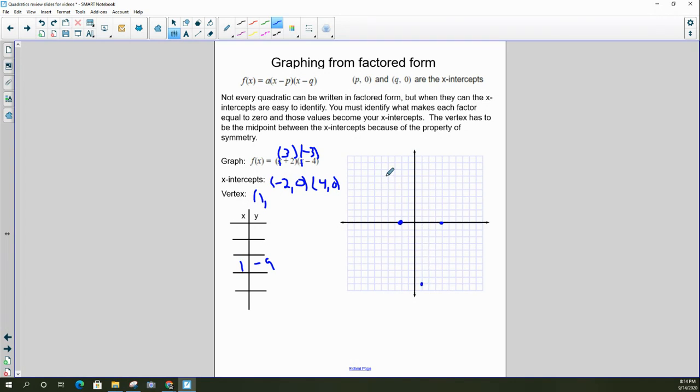And so at this point, I can just sketch my graph since I have enough points, or I could use my pattern: over 1, up 1, over 1, up 3. Finish plotting those out. And we have our parabola.